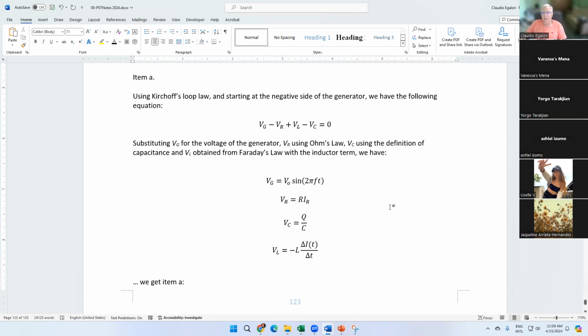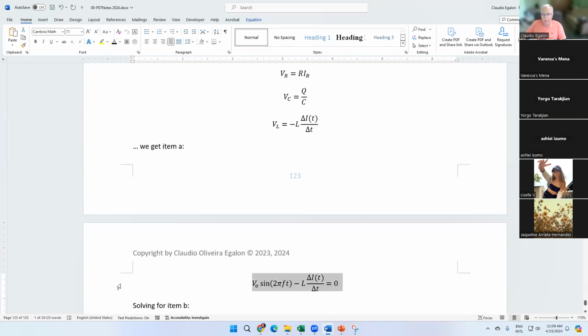Now we're centralized here. We get item A, and item A becomes that.